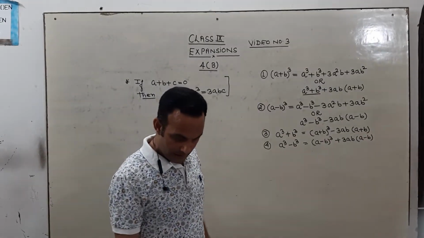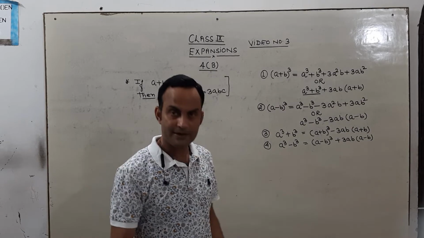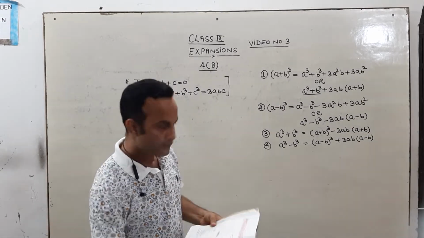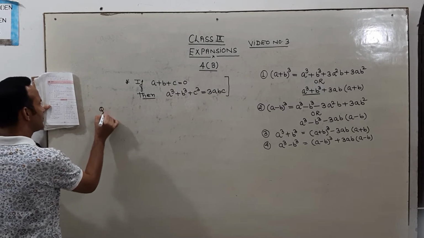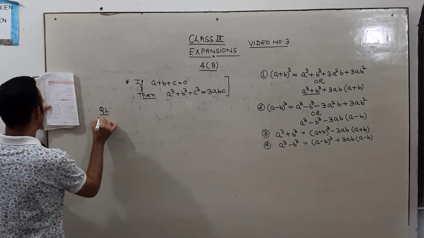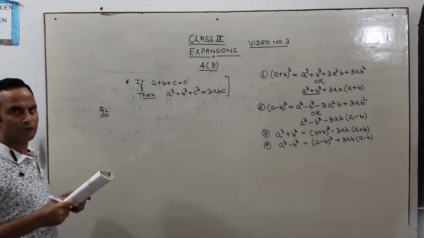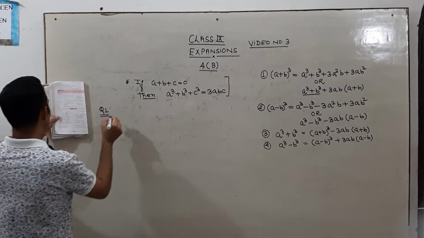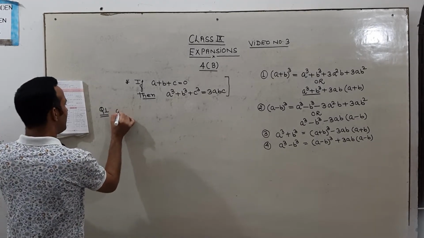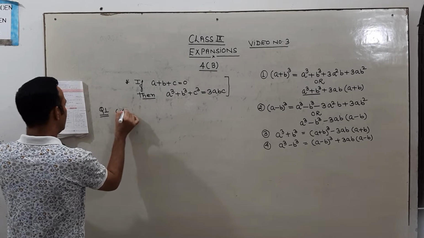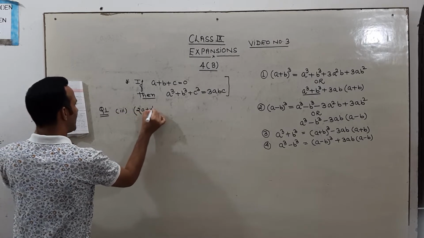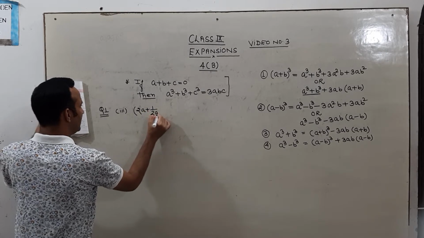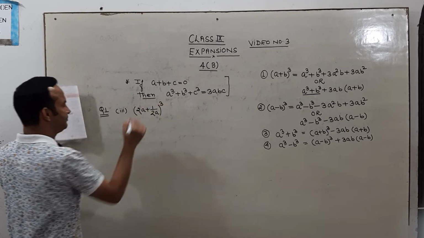Now, I am going to start exercise 4B. See question number first. In question number first, we have to find the cube. Let us take its third part: (2a + 1/2a) raised to the power 3.